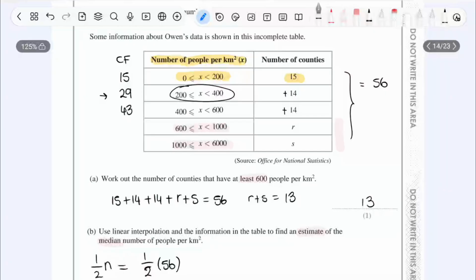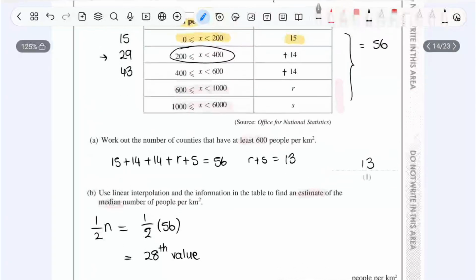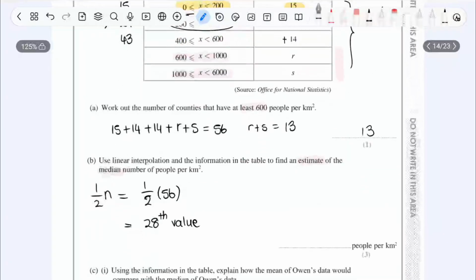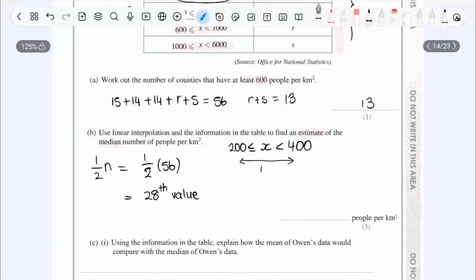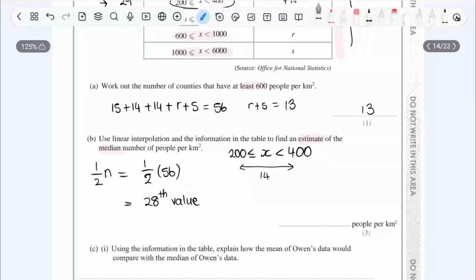The question is, what value of x can we put down as our estimate? So we know that we're trying to get to the 28th value, and we know that this is 200 to 400. Okay, so we also know that in this interval we have a total of 14. And at the start of 200, we basically have 15.